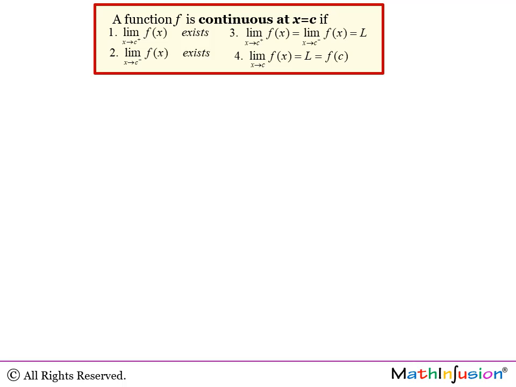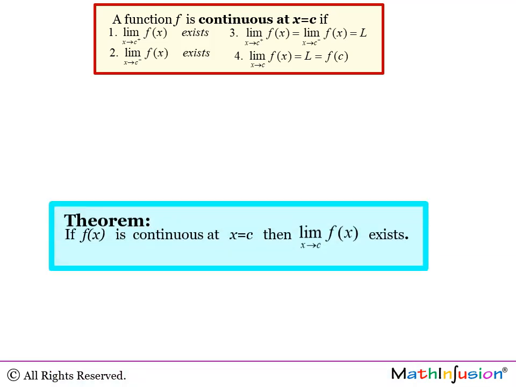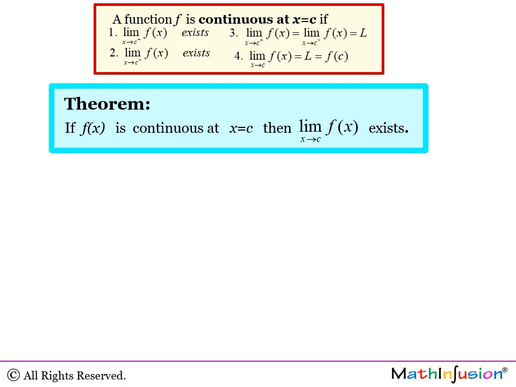Now we are getting 2 theorems which are the direct result of this. First one. If f(x) is continuous at x equals c, then the limit of the function when x approaches c exists. Let's see what this theorem means. The condition of this theorem is that the function is continuous at x equals c, which means we have 1, 2, 3, and 4.